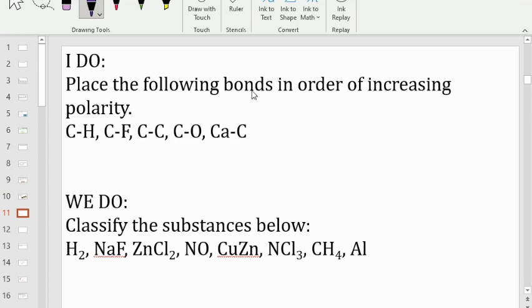All right, so here we go. Place the following bonds in order of increasing polarity, and then classify these substances below as ionic, covalent, or metallic. So you're looking here at electronegativity differences.